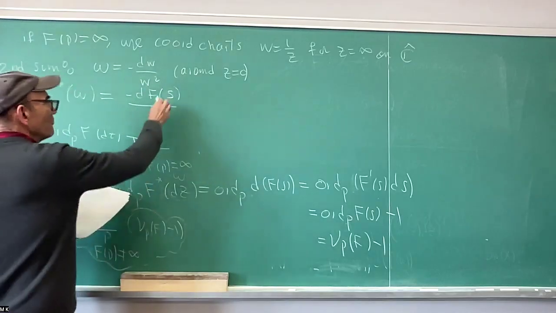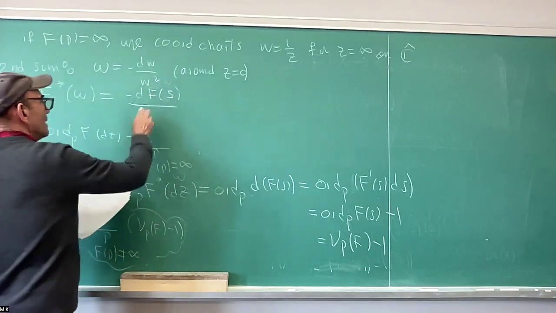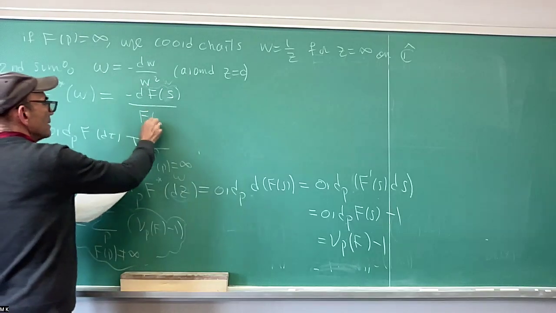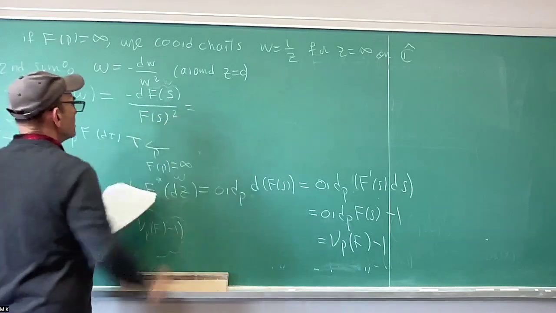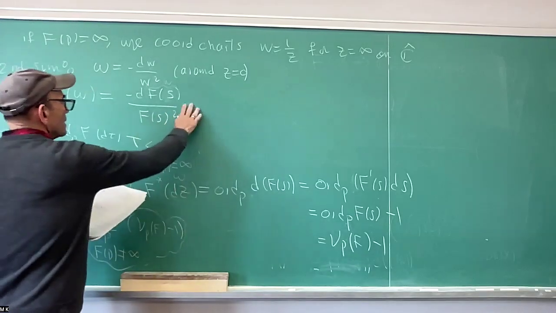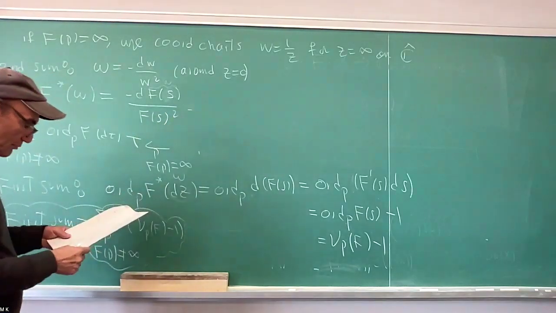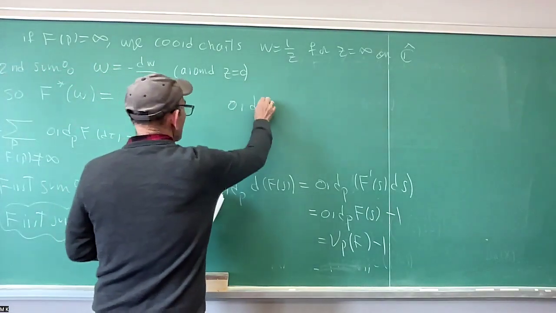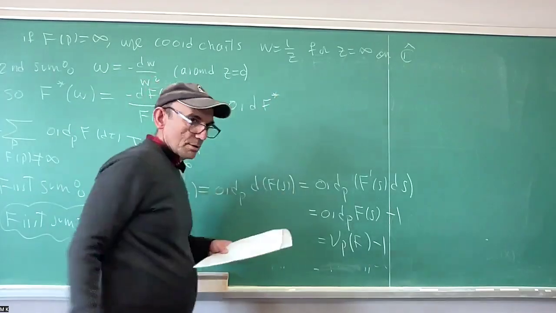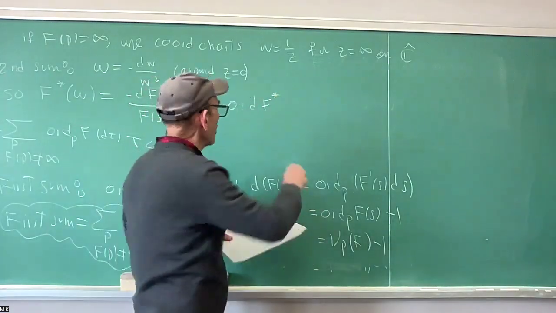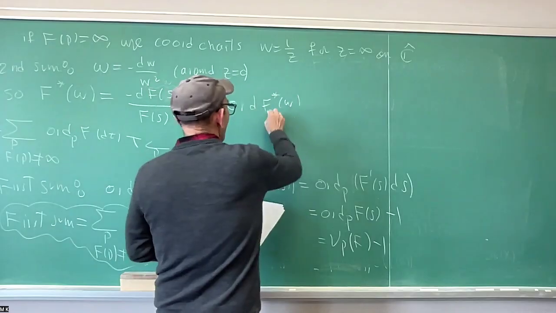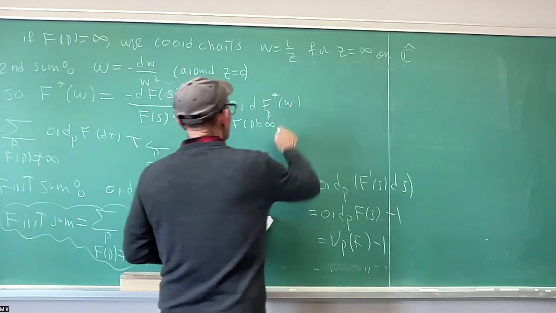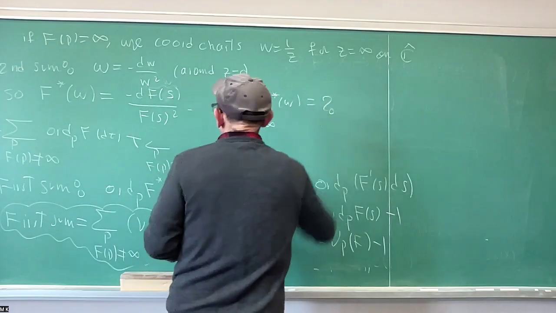Yes, w is f of s, divided by f of s squared. Okay. So now you want to compute the order of this guy. So what is the order of f star of omega at t such that f of p is equal to infinity? We want to compute this order.